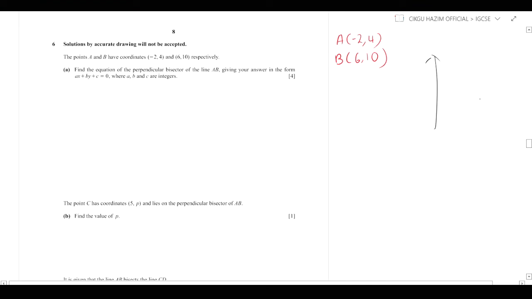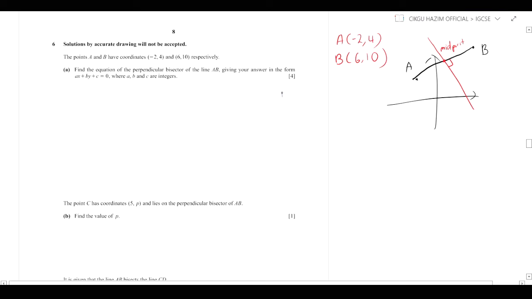Just imagine this is point A, and point B is over here. So this is line AB. A perpendicular bisector is a line that is perpendicular to line AB, but it's at the midpoint. It must be at the midpoint of AB here. And we need to write in the form ax plus by plus c. So what is the midpoint first?